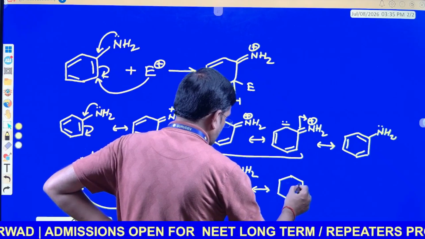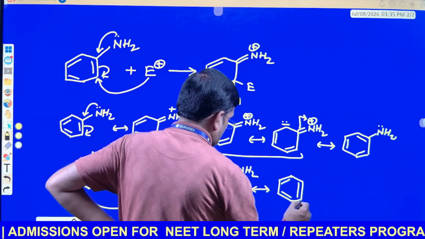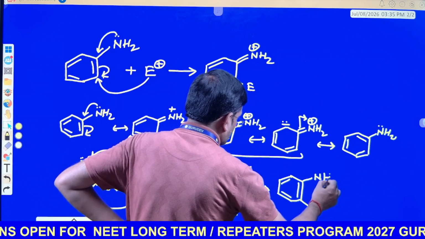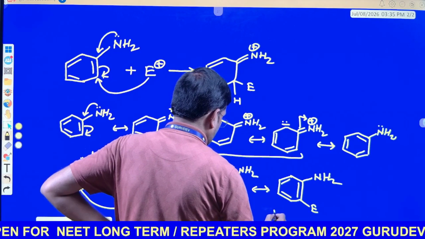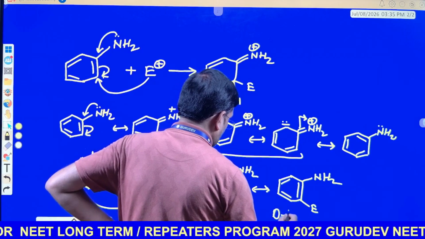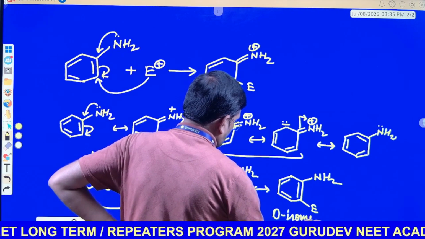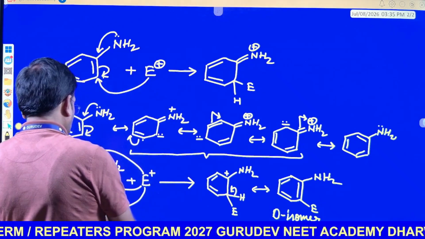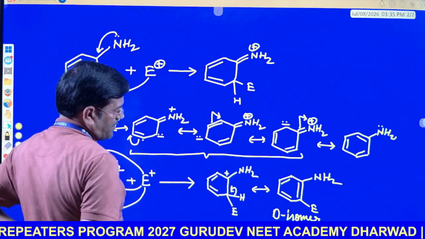So you could see this is E, this is NH2. This is what we call the ortho isomer. By the same way, if this electrophile attacks at para position, we can have para derivative.